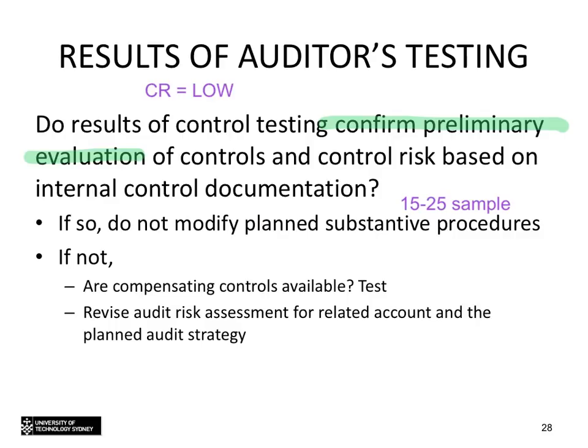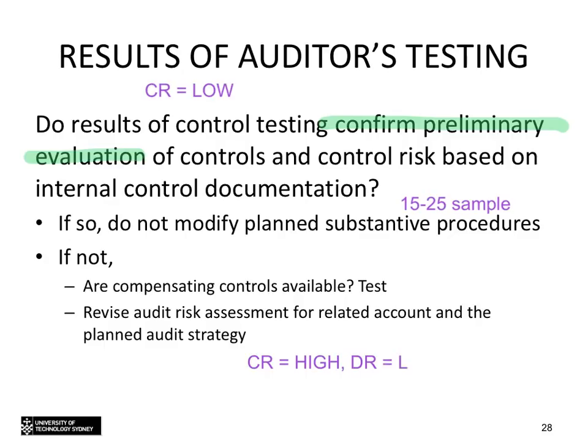If not, are there any other controls that might do the same job? And then, usually that's unlikely, we revise our control risk assessment. So if control risk now goes up to high, for example, what happens to detection risk? Does detection risk go up or down? If control risk is going up, detection risk goes down.